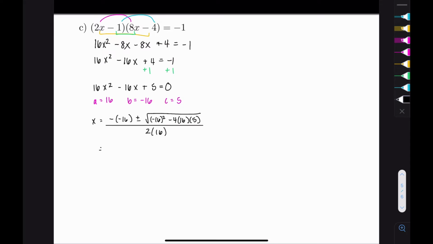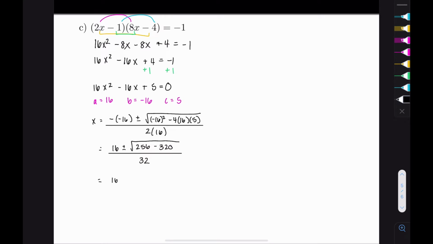So negative 16 gives us positive 16. If you do negative 16 times itself, it gives us positive 256. And then 4 times 16 times 5 gives us minus 320, and then divided by 32.